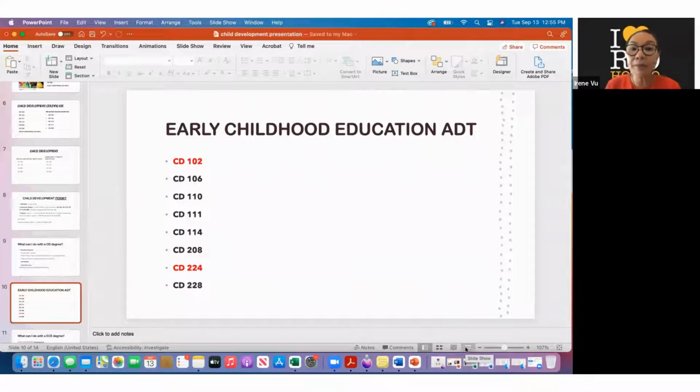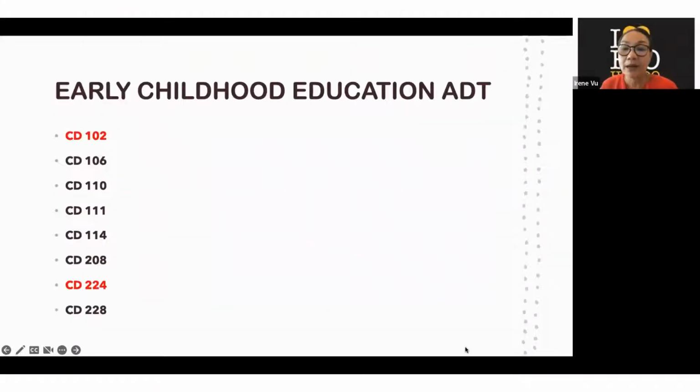Okay, now some of you might say, okay, now I decided to transfer and I want to get a degree in early childhood education. If you take all these courses, you will see they're pretty much the same as child development. The only two differences are Child Development 102 and 224, right?